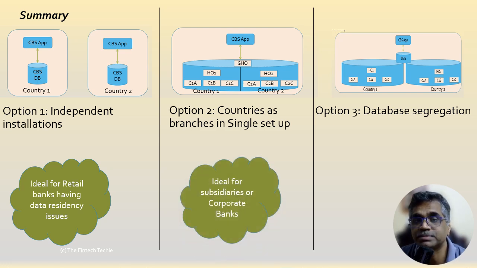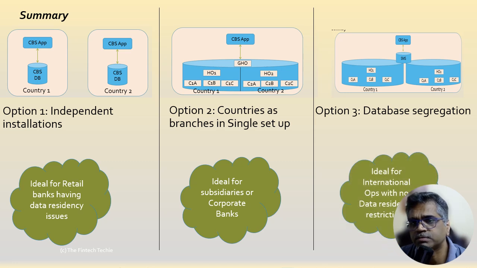Option 2 is ideal for subsidiaries, wherein you want to have subsidiaries of the same bank in the same country because you don't require physical segregation, or for big corporate banks in different international locations. And the third option is probably ideal for international ops where there are no such data restrictions needed. So you can go for option 3.